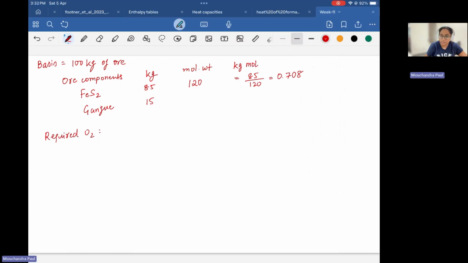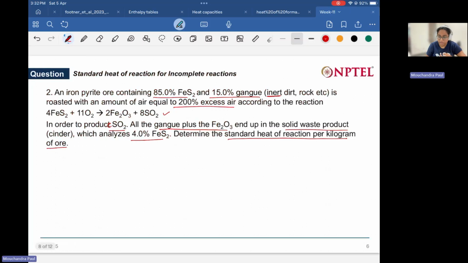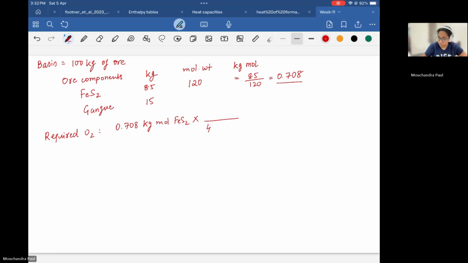Required oxygen. If this much FeS2, iron sulfide, is entering, and the reaction proceeds according to this stoichiometry, that is for 4 kg mole of FeS2 you need 11 kg mole of oxygen.